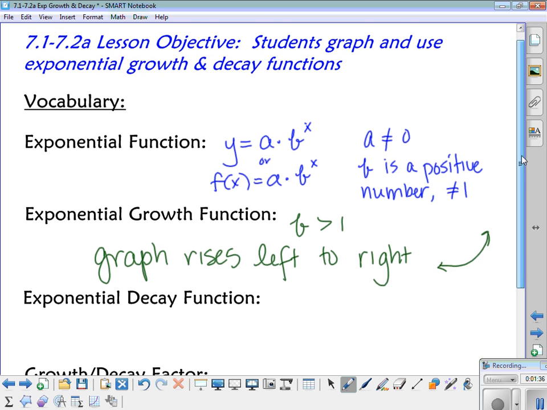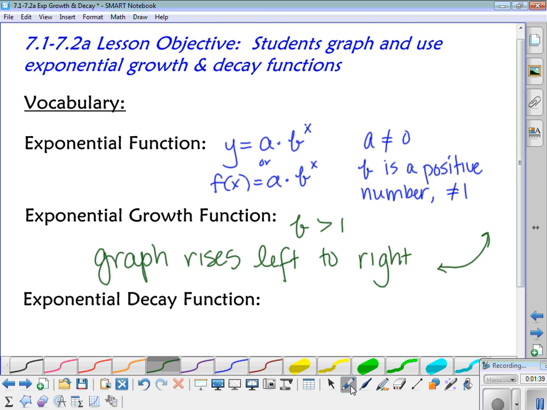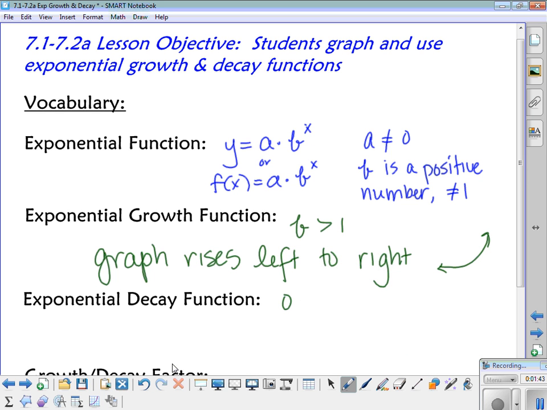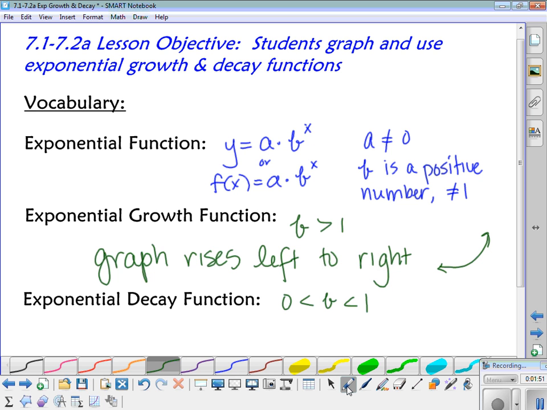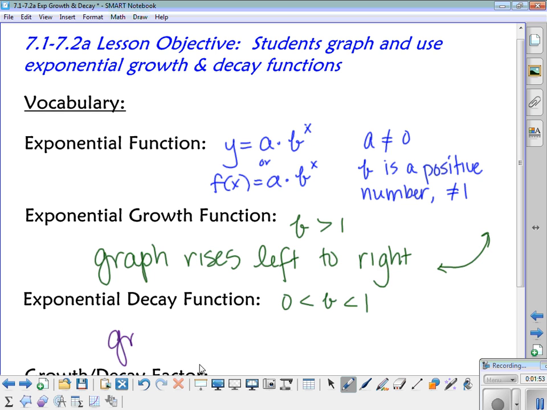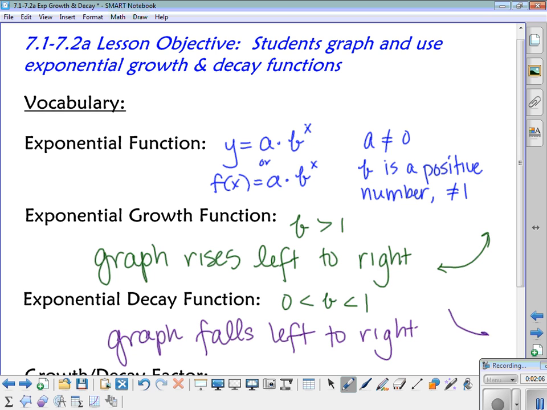And if it's exponential decay, that means that b is between 0 and 1. So it's a fraction or a decimal. And then the graph would fall as you go left to right. And looks something like that.